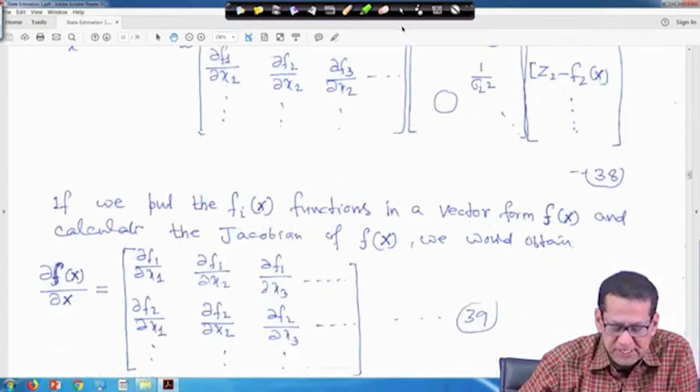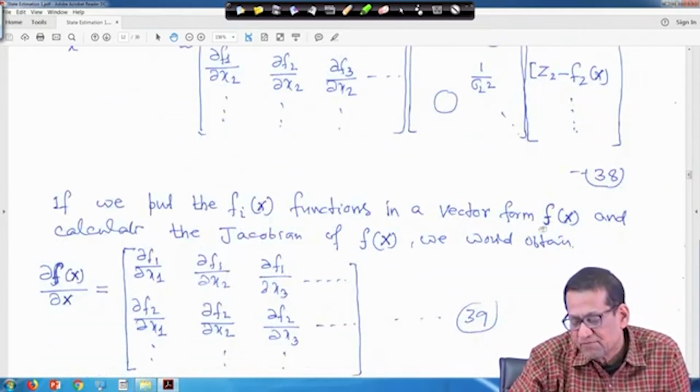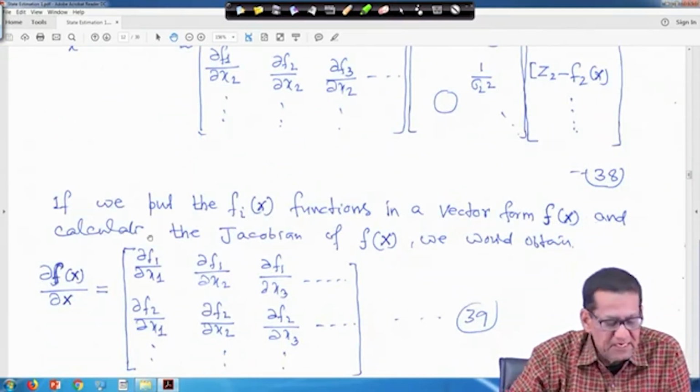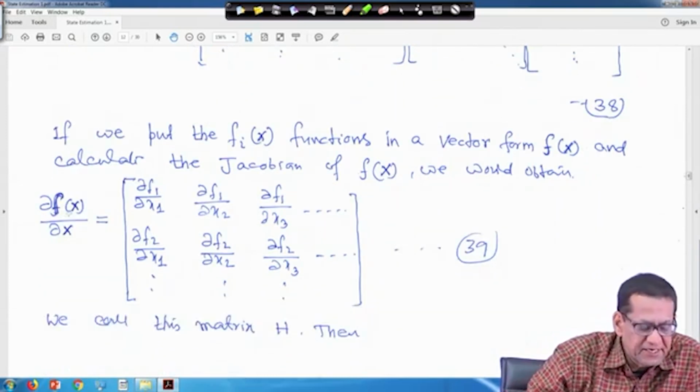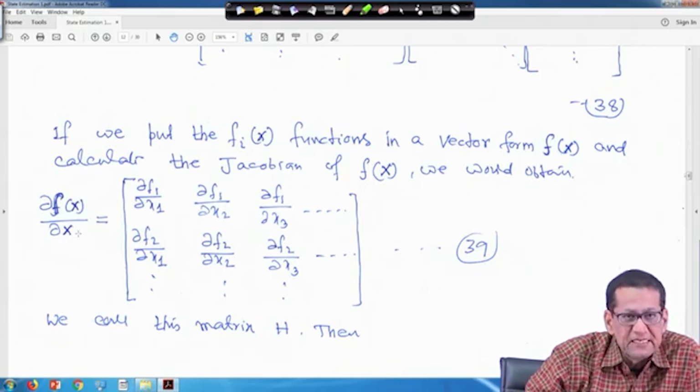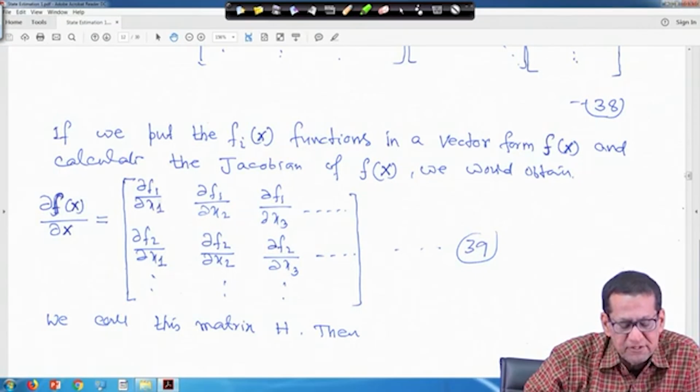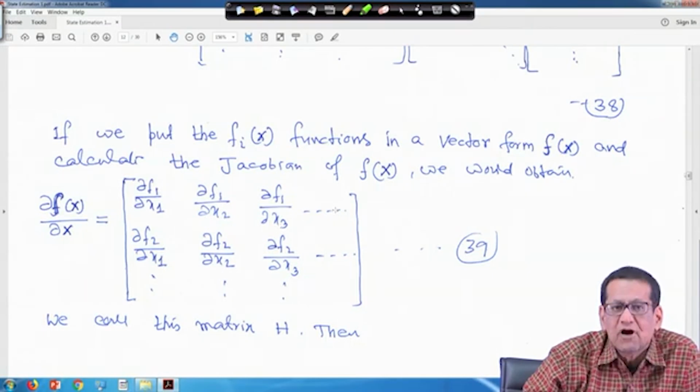Now, if we put the f i of x functions in vector form f of x and calculate the Jacobian of f of x, we would obtain delta f of x upon delta x. It will be delta f 1 upon delta x 1, delta f 1 upon delta x 2, delta f 1 upon delta x 3 and so on.